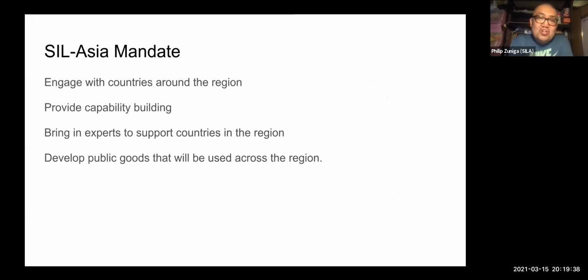So what was the mandate of SIL-Asia? SIL-Asia was established, number one, to engage with countries around the region. It is important for the lab to work with countries in the Asia Pacific region because we want to introduce the concept of interoperability of standards to the countries across the region.